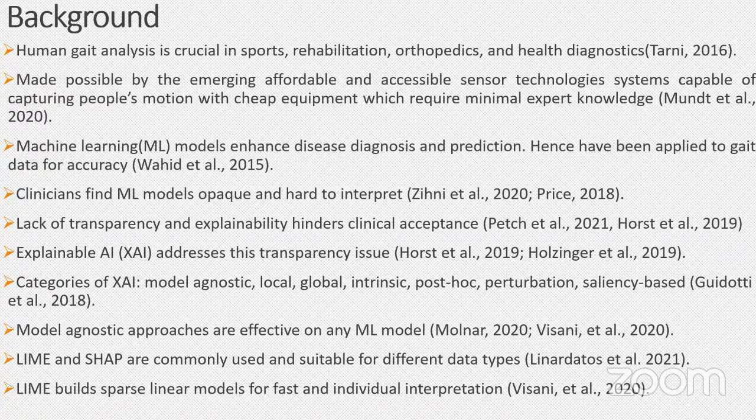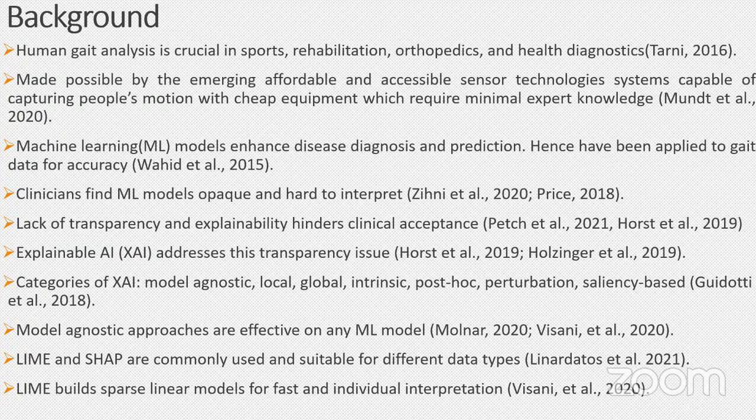Because of this issue of explainability, there has been a hindrance in the medical field. So there has been research towards explainable machine learning, or artificial intelligence, that helps deal with the issue of transparency in machine learning.